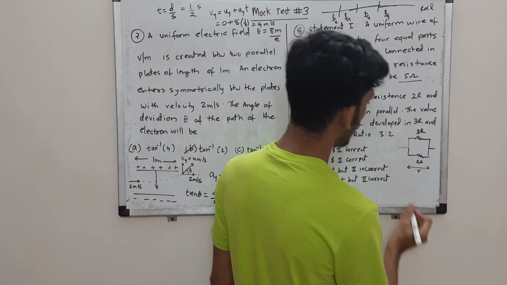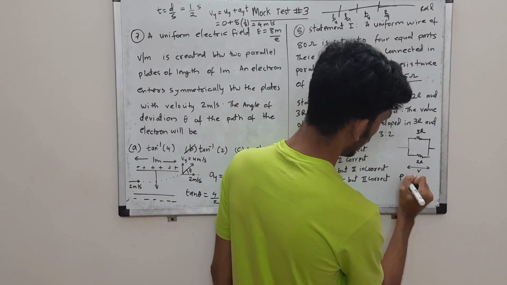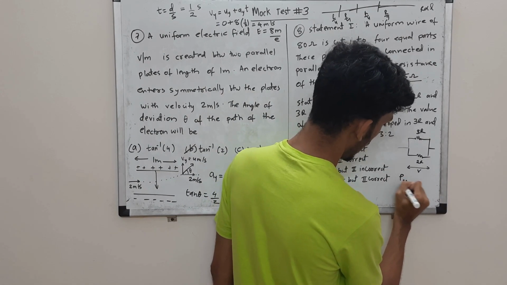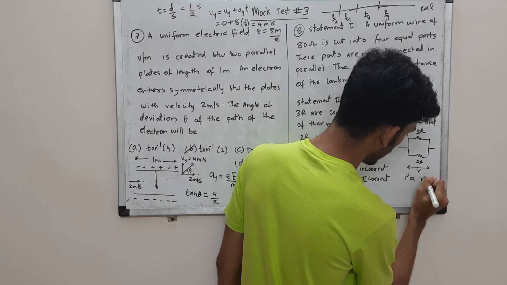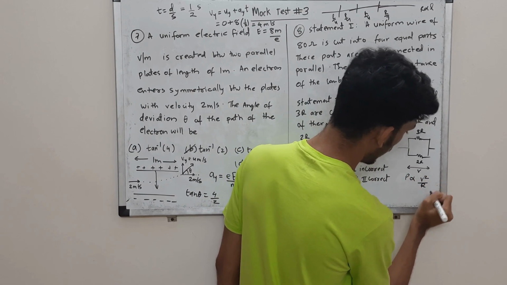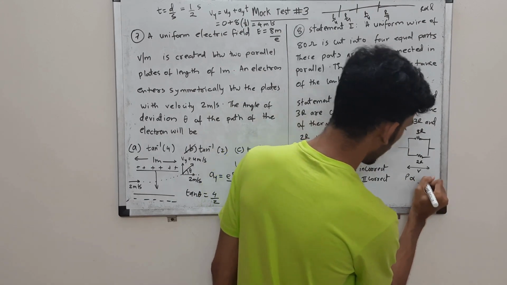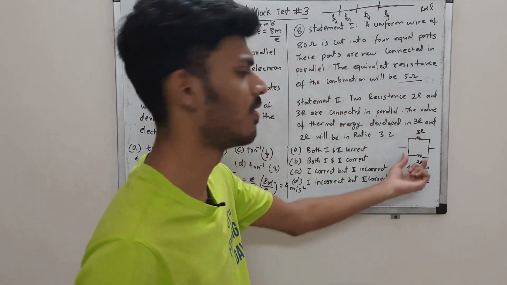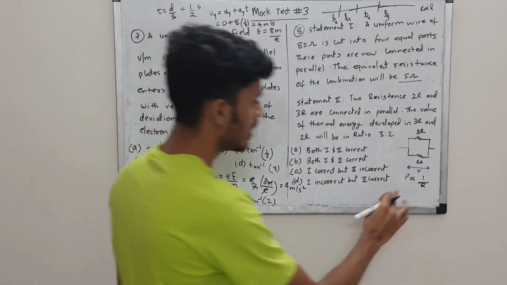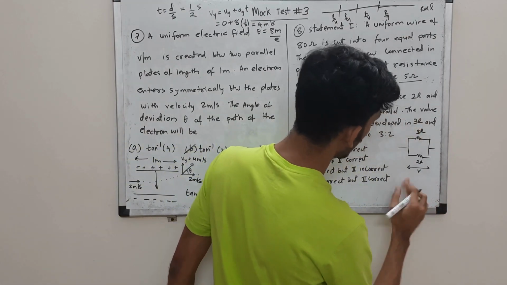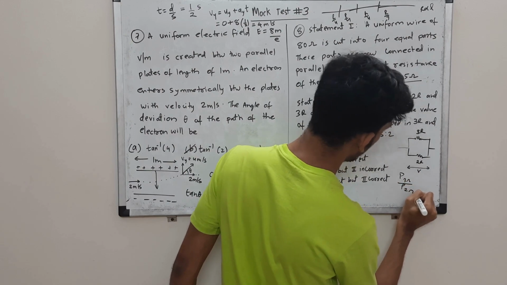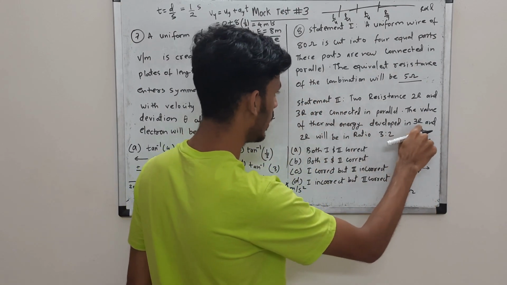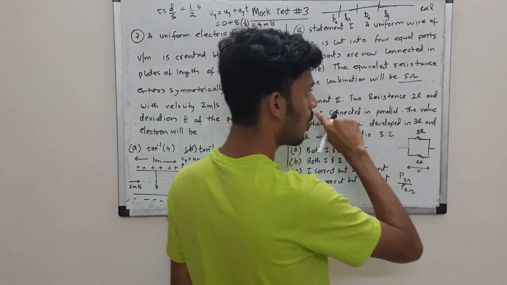The power, or the heat developed, in general I can write as V square by R, inversely proportional to the resistance. V is the same over here, so power is inversely proportional to R. So the power in the 3 ohm resistor divided by the power in the 2 ohm resistor is the ratio we are supposed to find, 3 ohm to 2 ohm, not 2 ohm to 3 ohm.